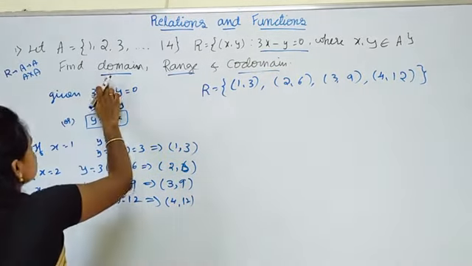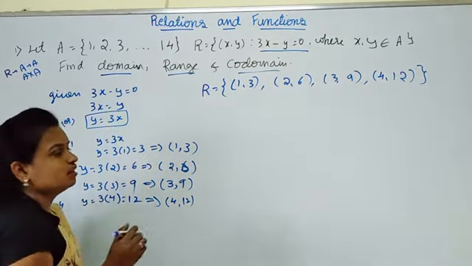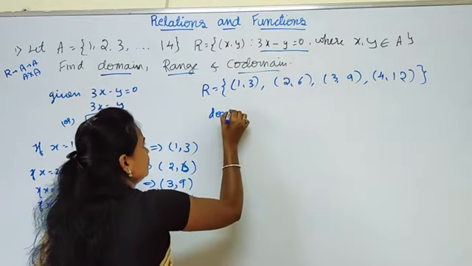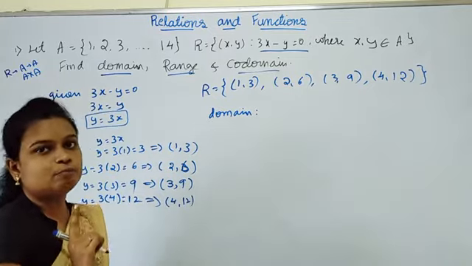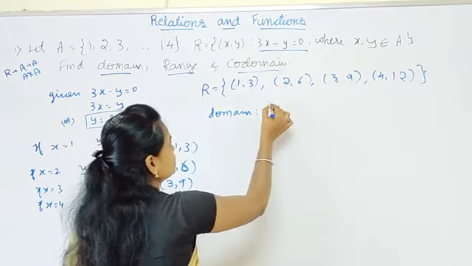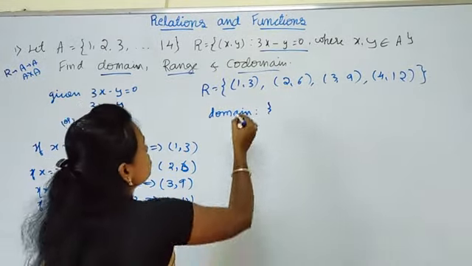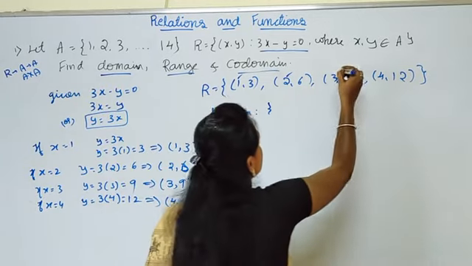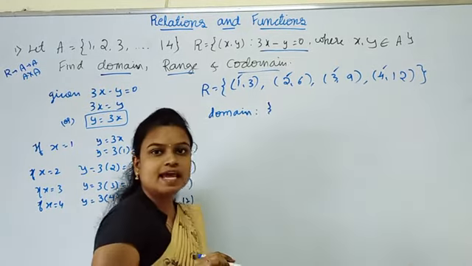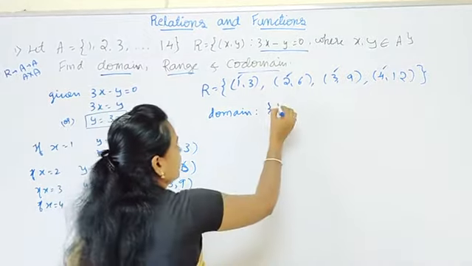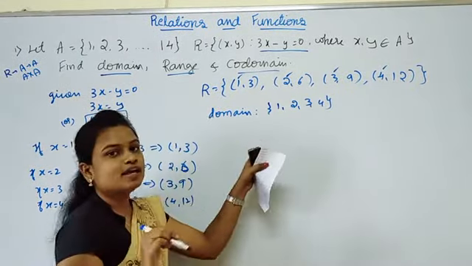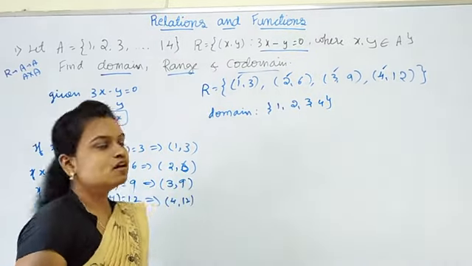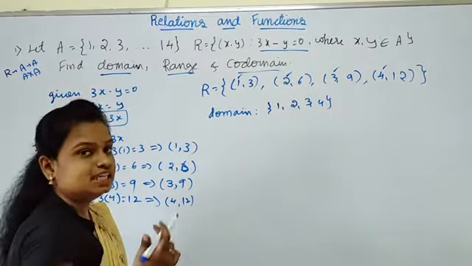Understand? They ask you to find the domain. Domain means the set of all first elements of the ordered pairs. So the first elements are 1, 2, 3, 4. This is the domain for this relation. The next one is range.